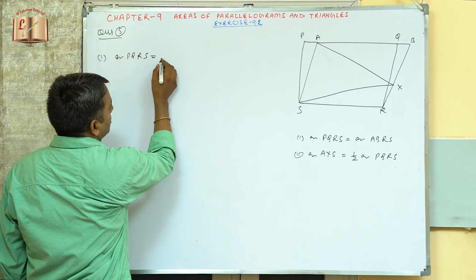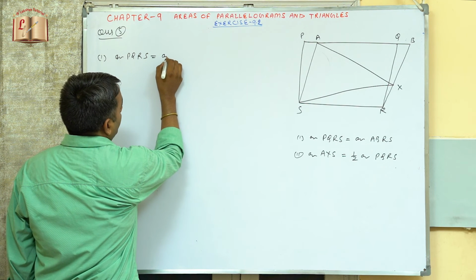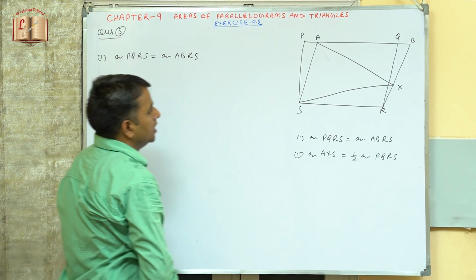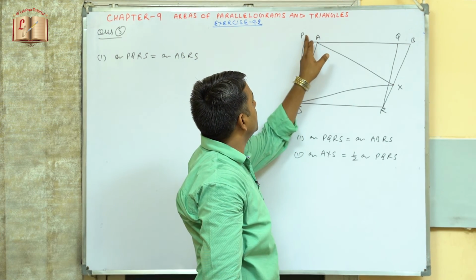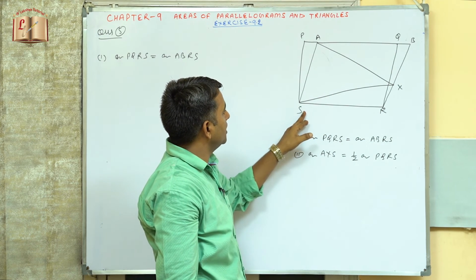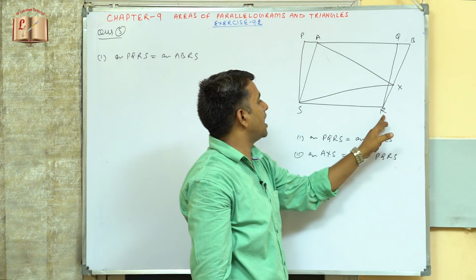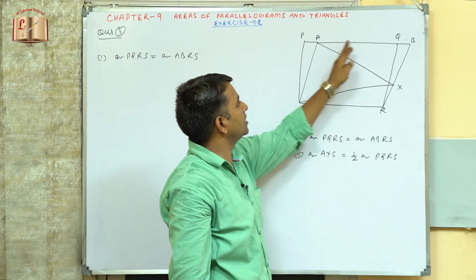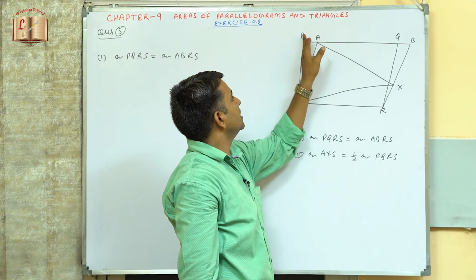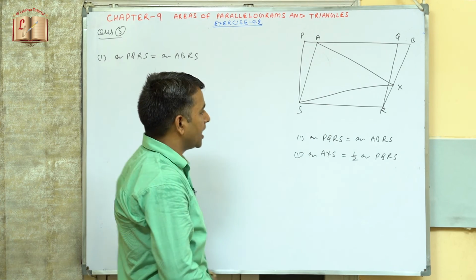Now see that area of PQRS is equal to area of ABRS, because both are on the same base AB and between parallel PB and RS.